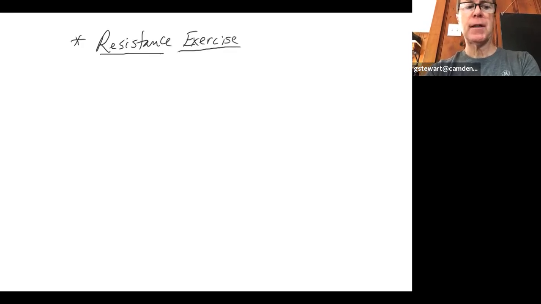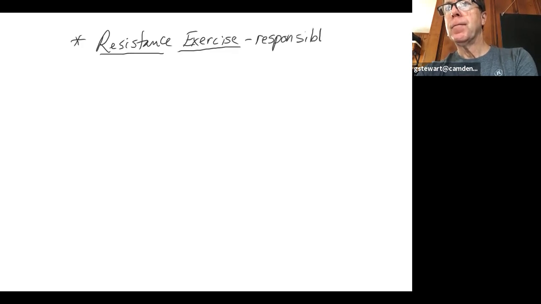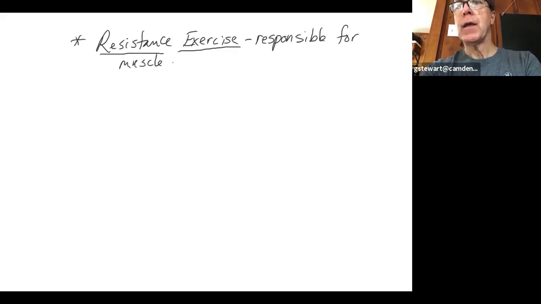But during resistance exercise, this is what causes muscle hypertrophy, the muscles getting bigger. So this is building big muscles or building muscle mass, not necessarily building endurance.